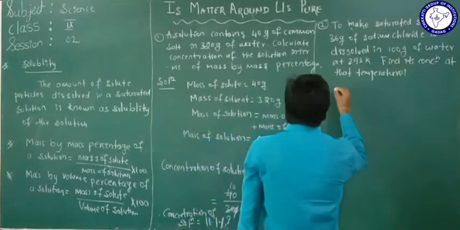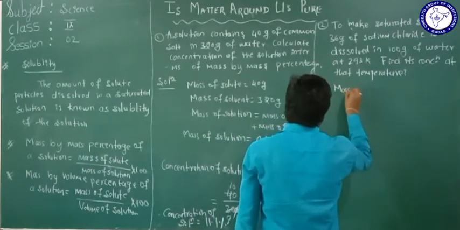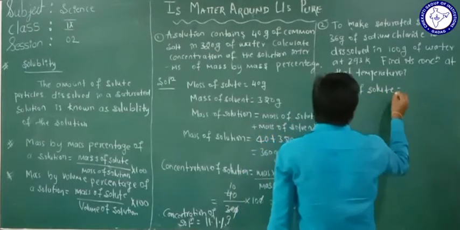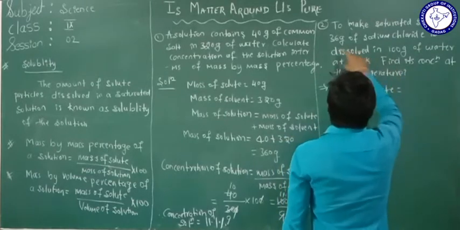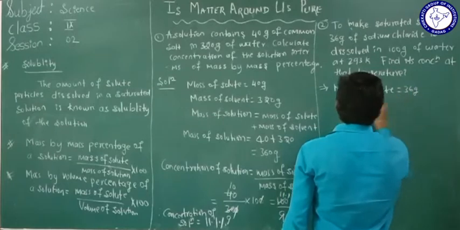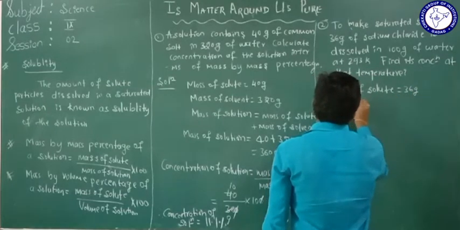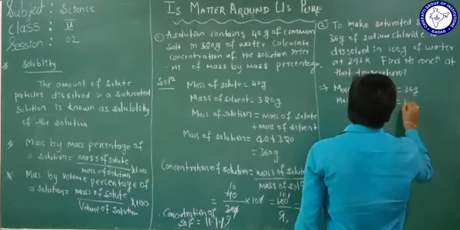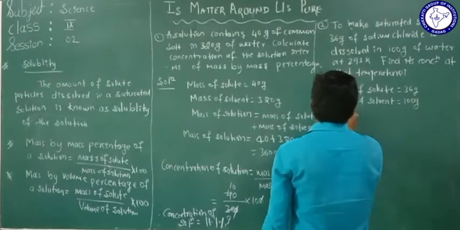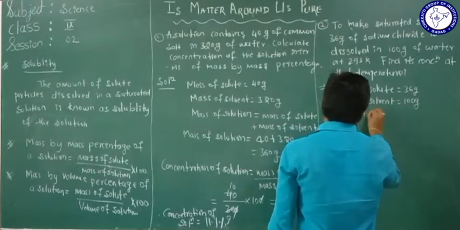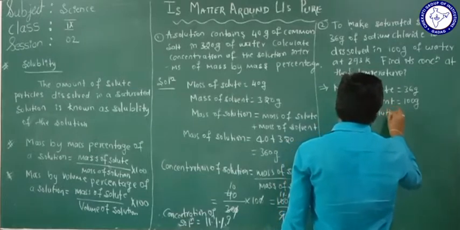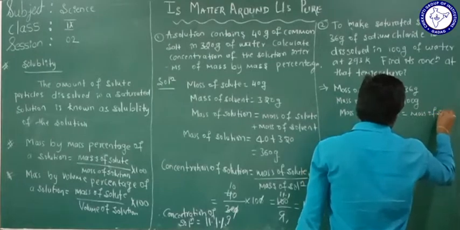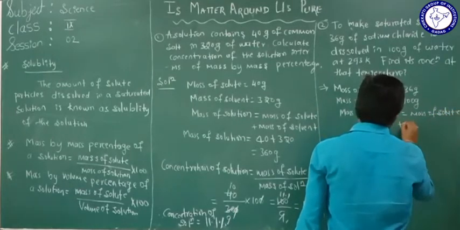Again, write down the given data. Mass of the solute here is equal to how much? That is 36 grams. Mass of solvent is equal to 100 grams, and mass of solution is equal to mass of solute plus mass of solvent.